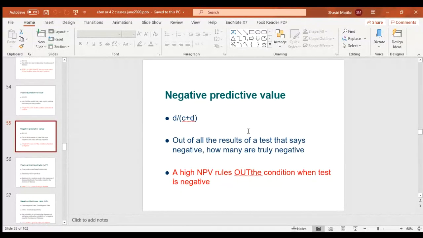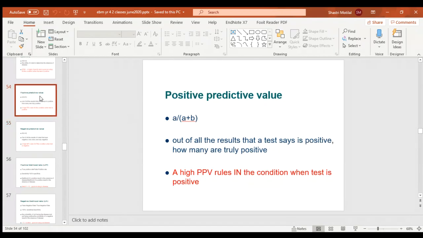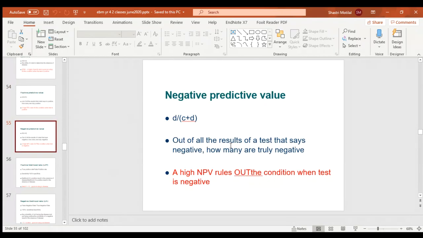A test with a negative predictive value of 40% is probably not good at ruling out the condition. You'd want the negative predictive value to be high. If 95 out of the negative test results were truly disease-free, the negative predictive value is 95%, and that test will be good at ruling out the condition. So a high PPV is good at ruling in the condition, a high NPV is good at ruling out the condition.